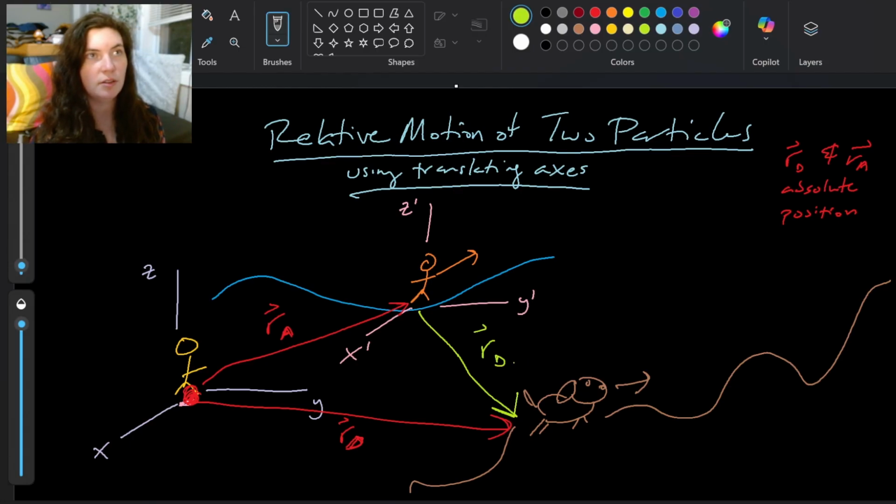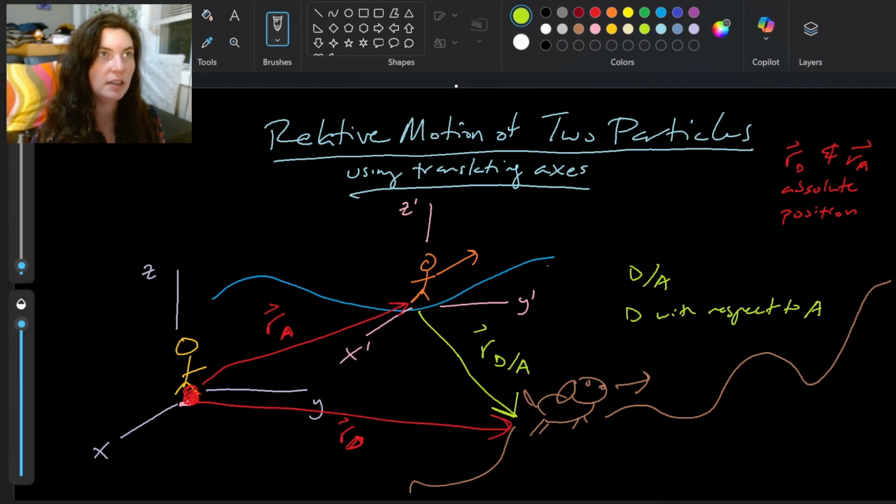So we would call that position of the dog with respect to the man, D/A, dog with respect to A. How the dog is moving from how that running man is seeing it. And so these relationships can be really helpful for these complex systems of motion, and they have some pretty simple equations.